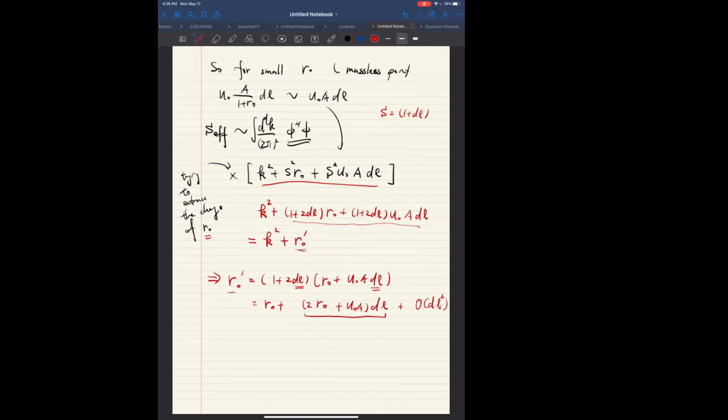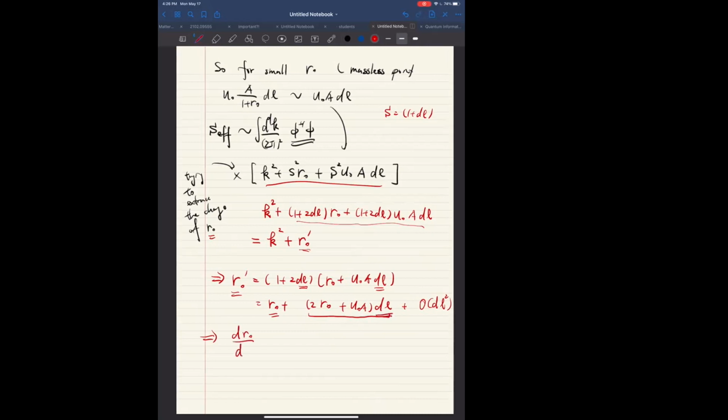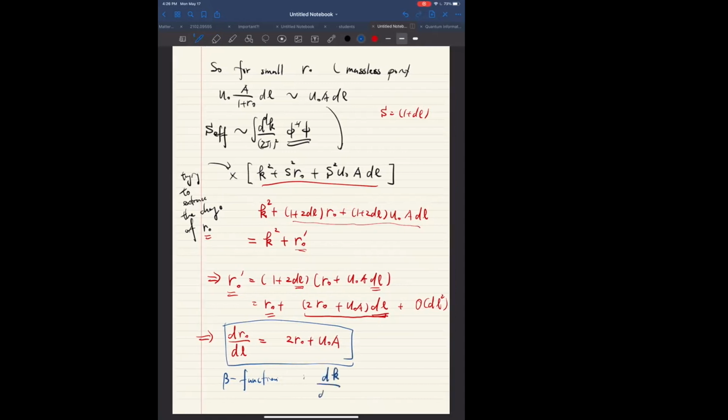So you immediately see that the change of the coupling constant with respect to the change of the length scale is equivalent to, remember, this is nothing but the beta function, which we defined for the Ising model before. For some coupling constant, we define the change with respect to the length scale.